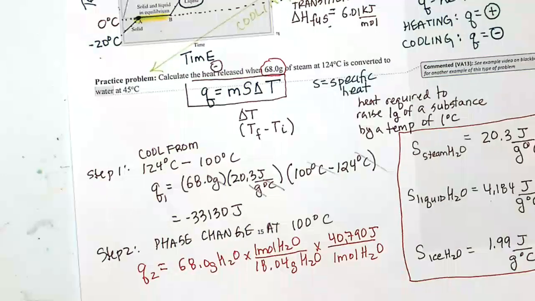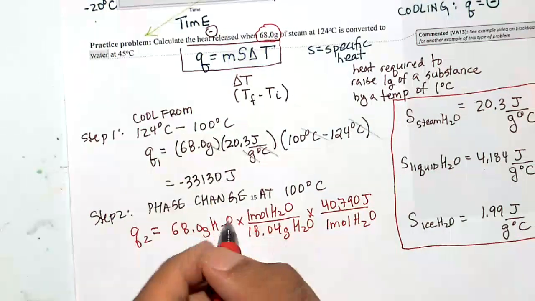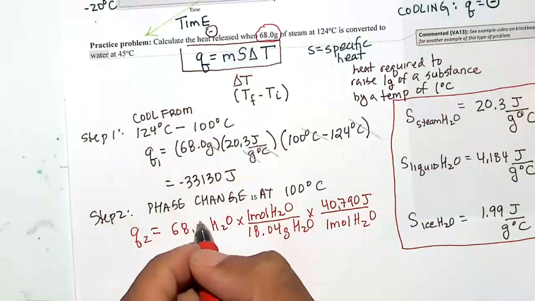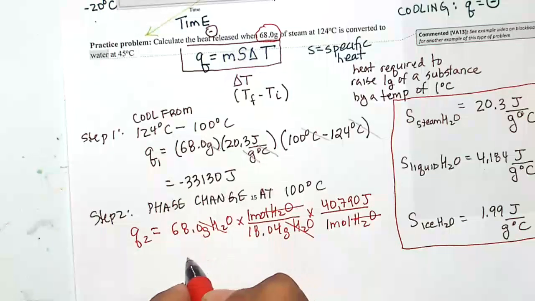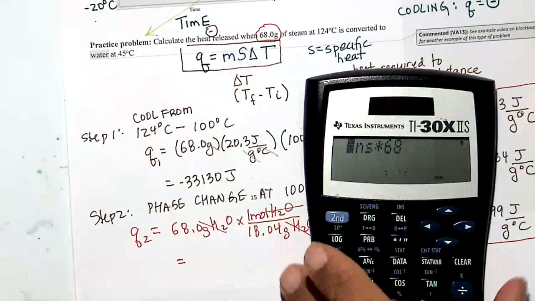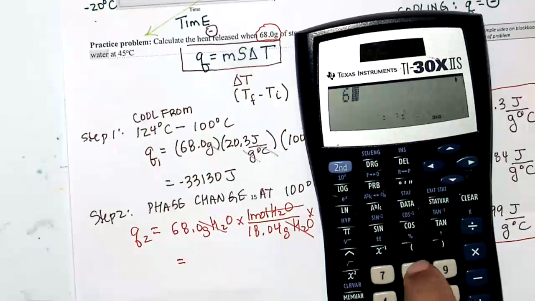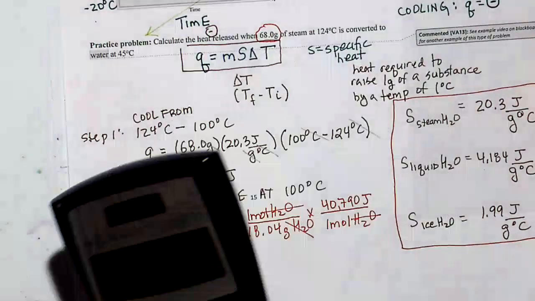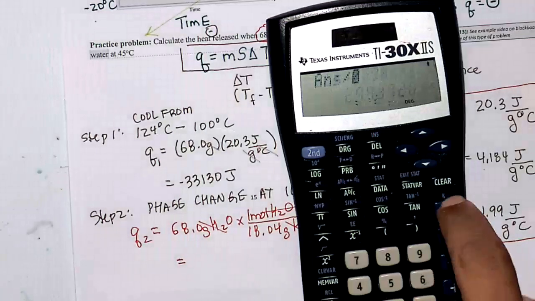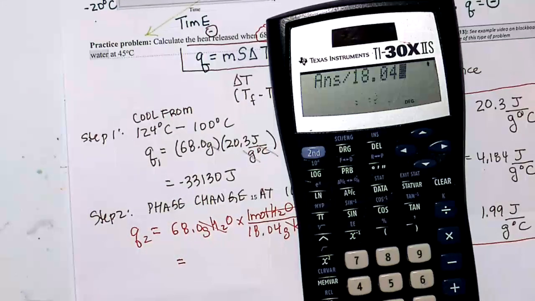So we have 68 grams. 1 mole of water is 18 grams, so the grams cancel, the moles cancel. We're left with joules. So 68 grams times 40,790 divided by 18.02.